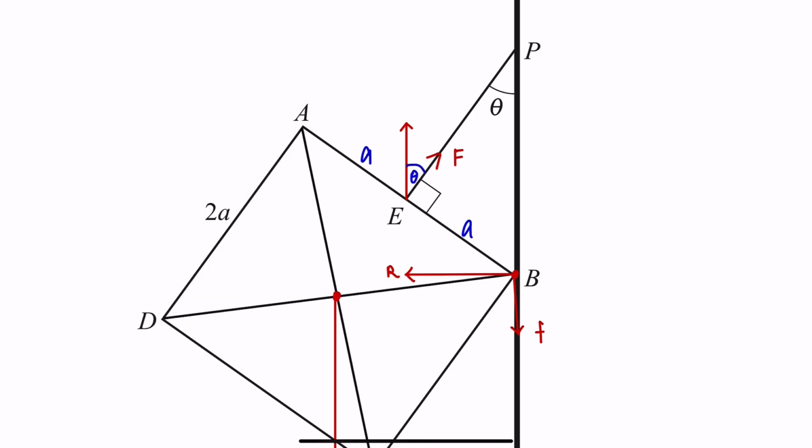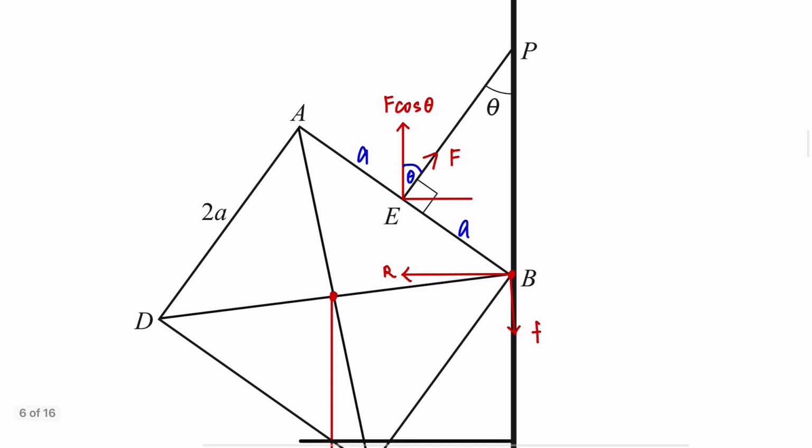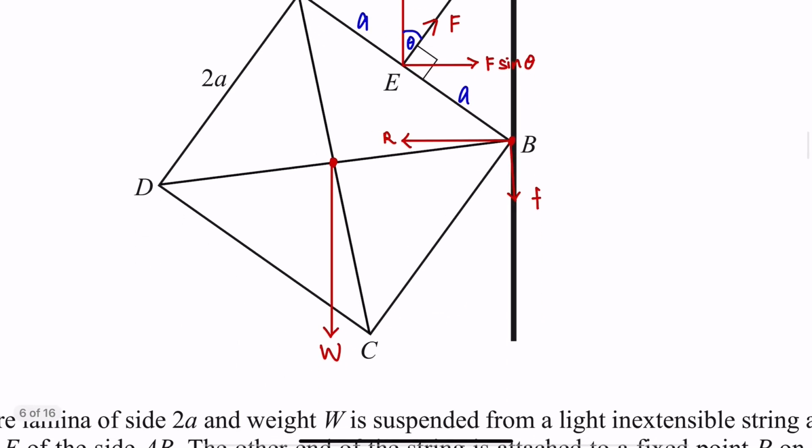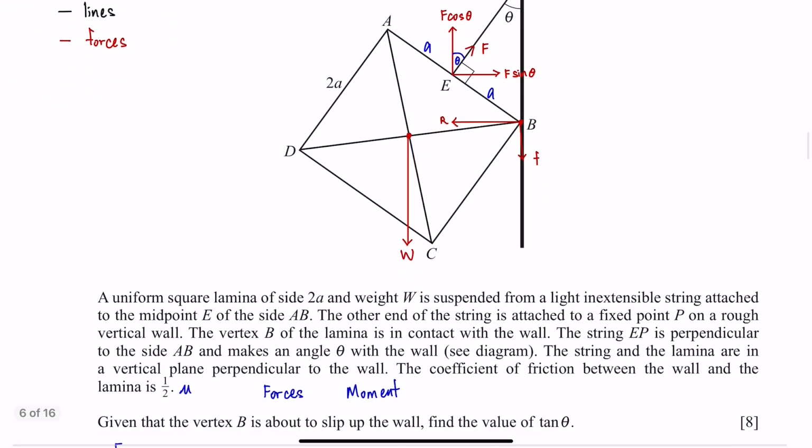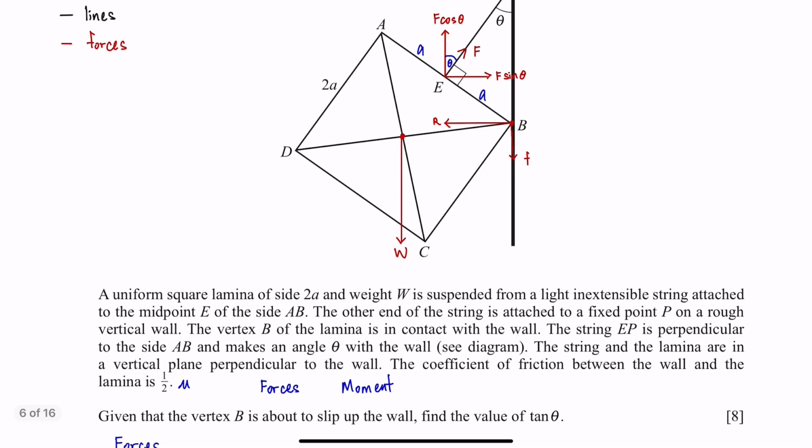So the vertical component would be F cos theta, and the horizontal component would be F sine theta. Now we have everything in vertical and horizontal, so we can start writing the equations.